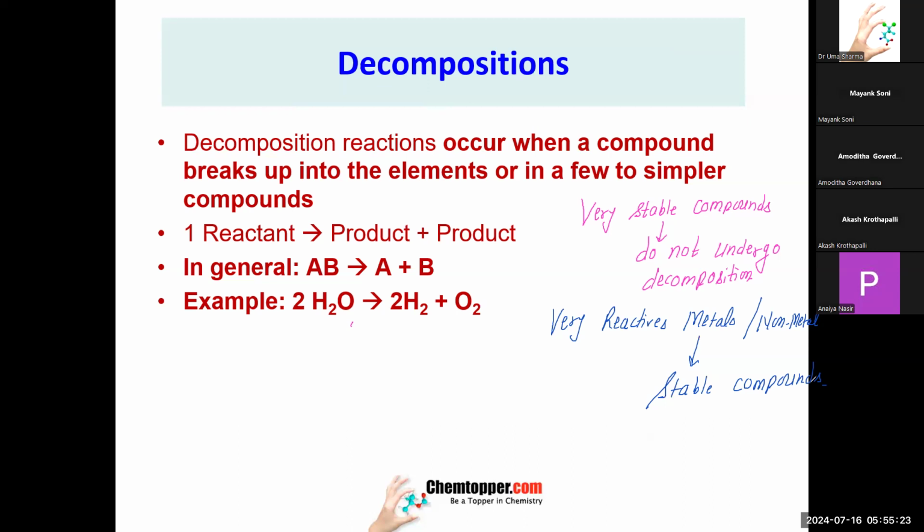And what non-metals, girls? Amodita, non-metals? Most reactive non-metals? Non-metals are on the extreme right side of the periodic table. The most reactive non-metal is fluorine, but the family is the halogen family. Yes, Amodita, you're right. So, the halogen family is the most reactive non-metals, and alkali metals.